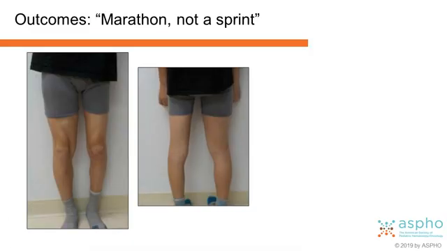This is an example of somebody who was born with a congenital issue, and really in these pediatric cases or congenital, our outcomes are a marathon, not a sprint. It's going to take more time to get that fluid out of there. So getting them independent and having them stick with that, you're likely going to see better results more in a 6-month period as opposed to 3 or 4 weeks.